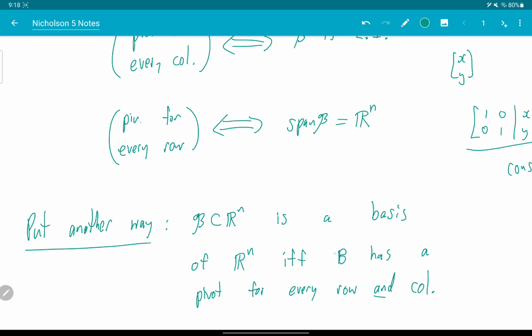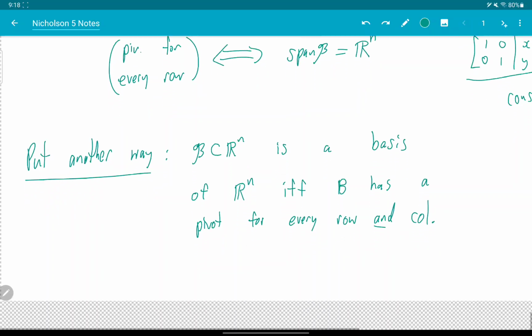Okay, the matrix B is not going to make sense if this scripty B is an infinite set, so I should specify that this set is finite, but we'll just leave it as is and accept the fudge for now.